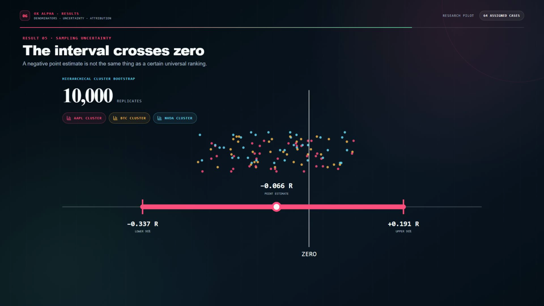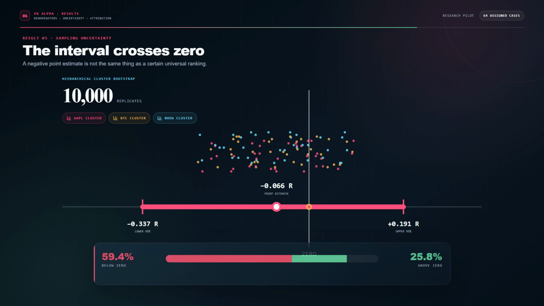The interval crosses 0. The estimated probability of being above 0 is about 30.3% and below 0 about 69.8%. This pilot leans negative, but it is not a license to claim a universal model ranking.